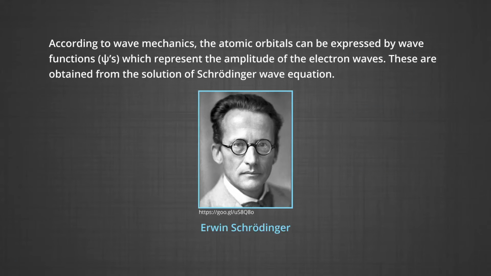Formation of molecular orbitals, linear combination of atomic orbitals, that is LCAO. According to wave mechanics, the atomic orbitals can be expressed by wave functions psi, which represent the amplitude of the electron waves. These are obtained from the solution of Schrödinger wave equation.